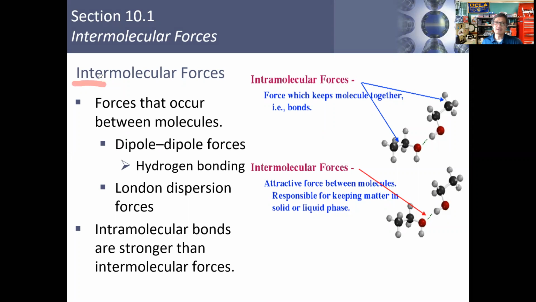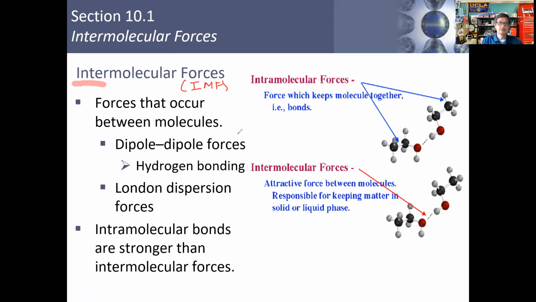That's the interactions between separate molecules, not within a molecule, not between the atoms within a molecule, but between the separate molecules themselves. And so there are three different types of intermolecular interactions, which we also refer to as intermolecular forces, and you'll see that term come up more often. The intermolecular forces are abbreviated IMFs.